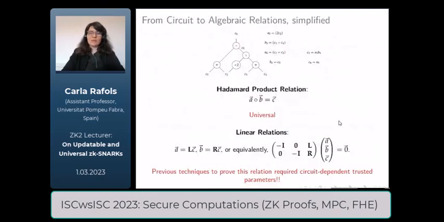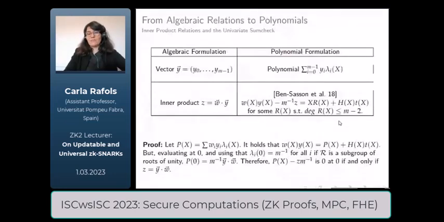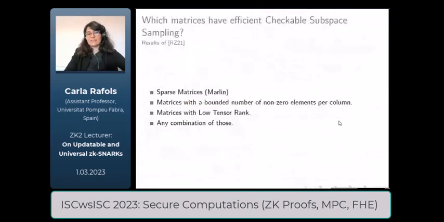In practice, this means that you can do checkable subspace sampling, which allows you to do universal and updatable SNARKs for any matrix of these forms where L and R are sparse, which is general enough because this is the case in every practical application.